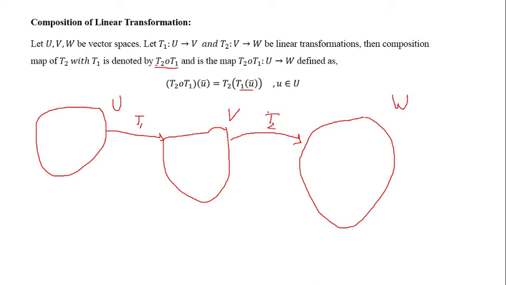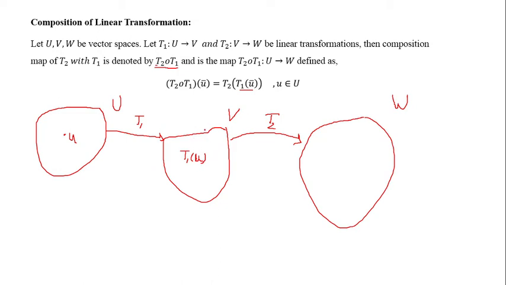Now, if u is a vector, then if you operate T1 on u, it will go to vector space V. So this must be an element of vector space V. So this is T1 of u.